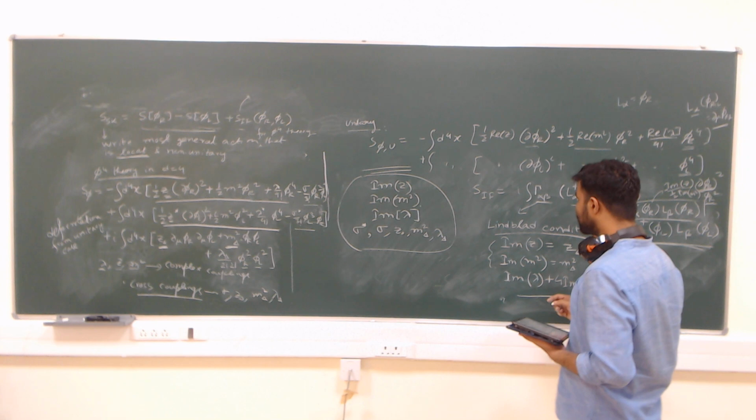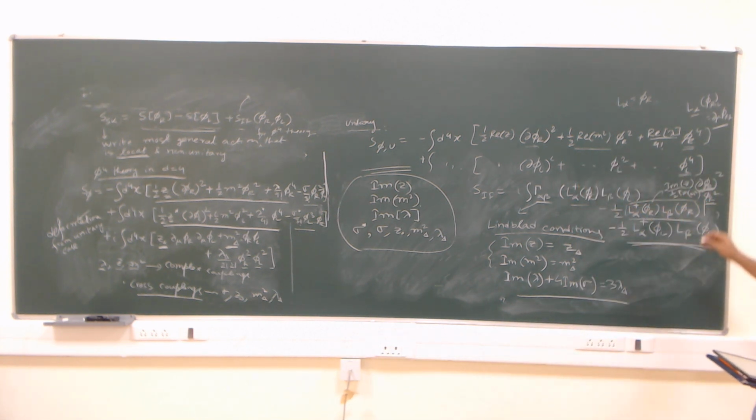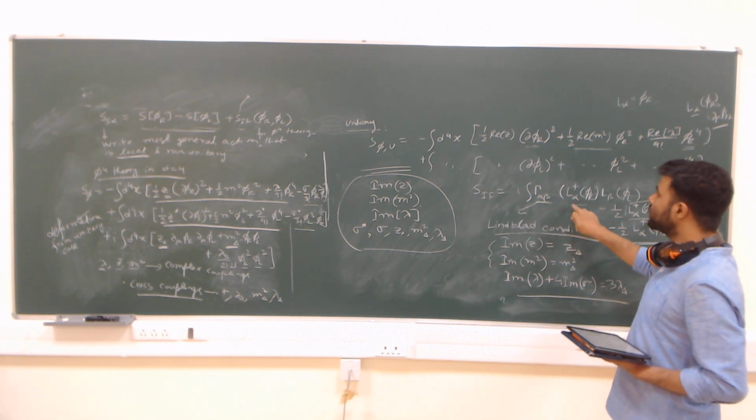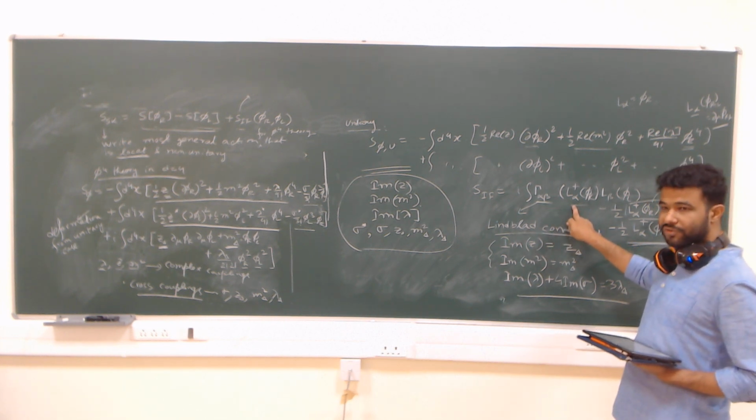And if you see the way we are deriving these conditions is by saying what was my unitary action, what was added to the unitary action to make it non-unitary.